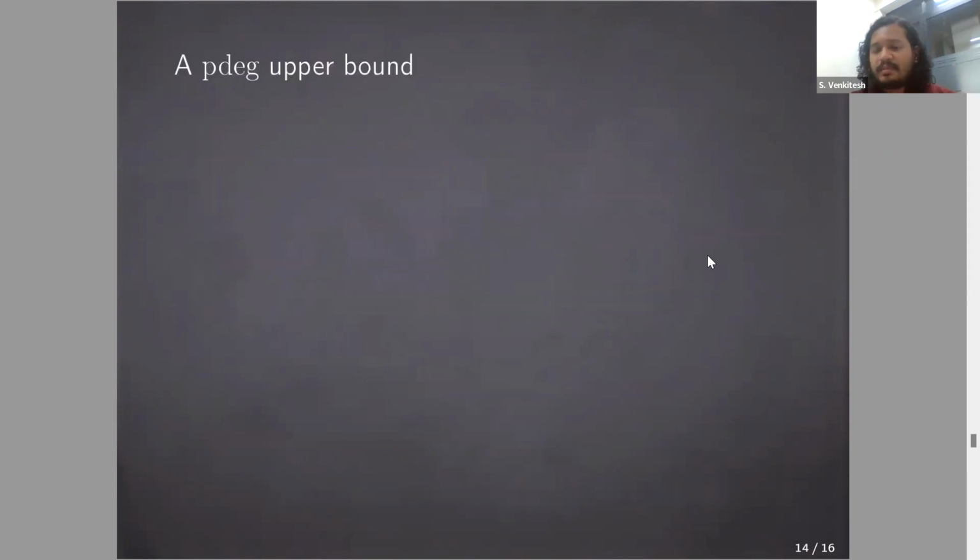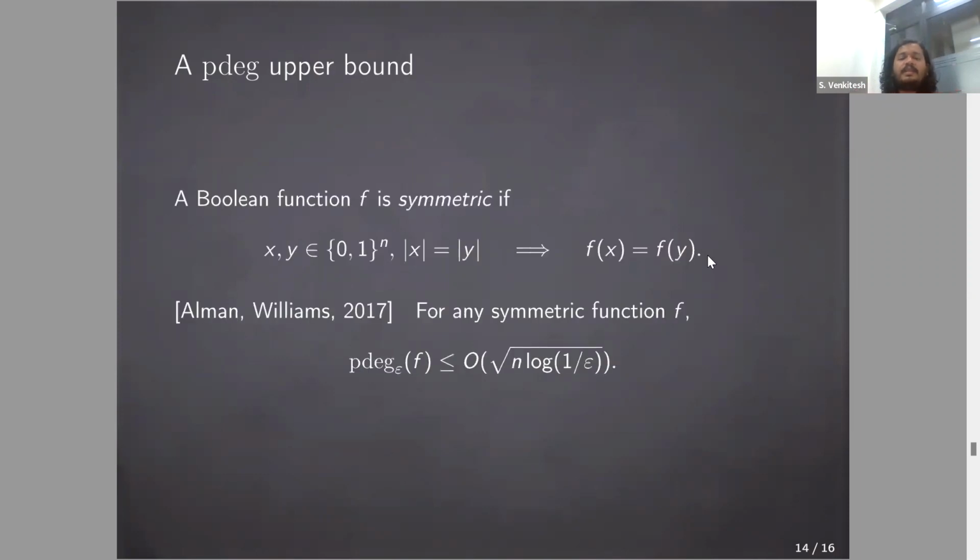Let me also talk a bit about an upper bound proof. This is where the Allman-Williams result comes. So a Boolean function f is said to be symmetric if, the definition is quite clear from just the terminology, the value depends only on the Hamming weight of the input. So for any x and y with the same Hamming weight, the output is the same, right?